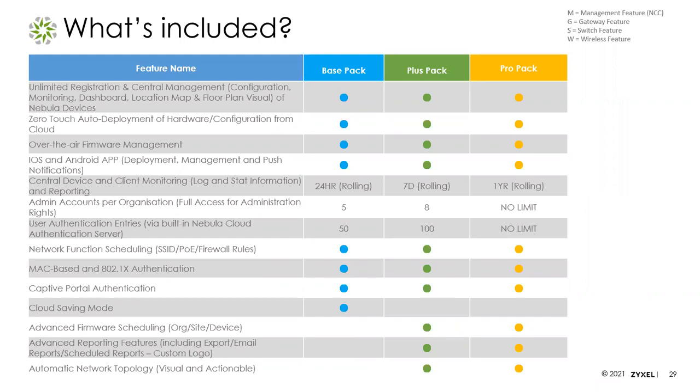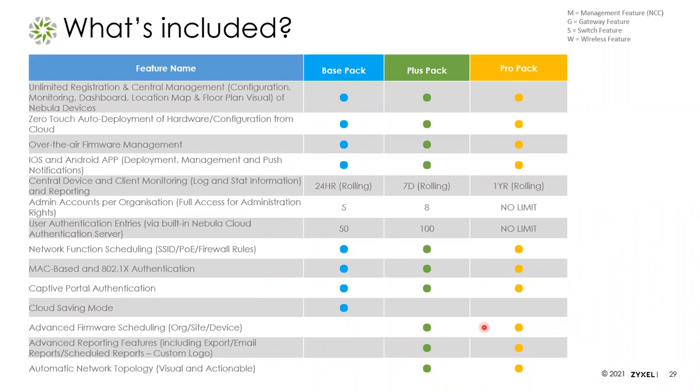We also have a cloud-hosted database that you can use for user authentication or MAC address filtering. The free version of Nebula only includes 50 entries into that cloud database. Plus Pack includes 100. Pro Pack has no limitations. All of the core feature sets of our products can be configured with all 3 versions of these modes here.